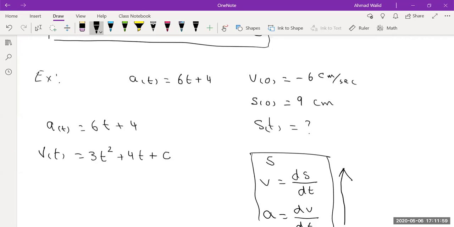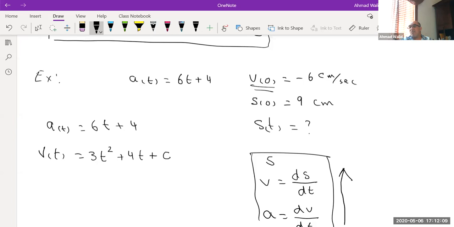Yeah. Okay. Now look, v of 0 is given to you. How much is v of 0? The initial velocity is given to you, negative 6. It means negative 6 equals 3 times 0 squared plus 4 times 0 plus c.